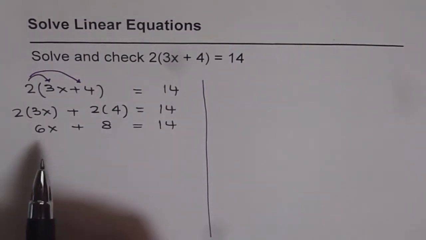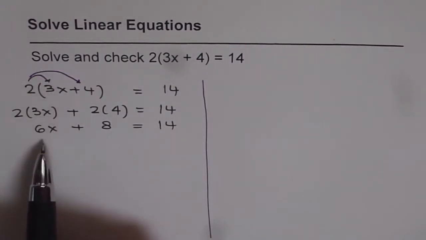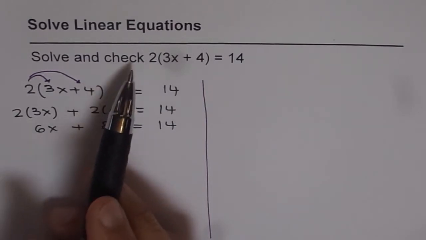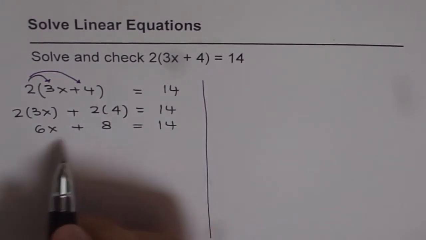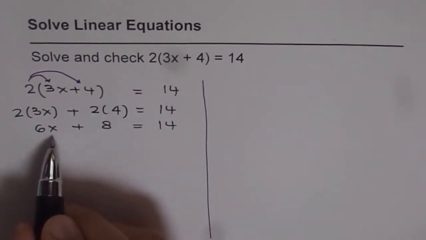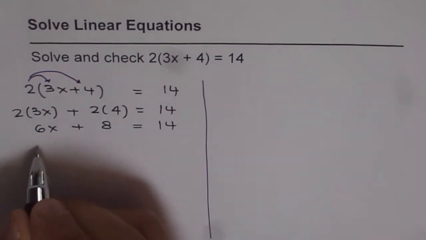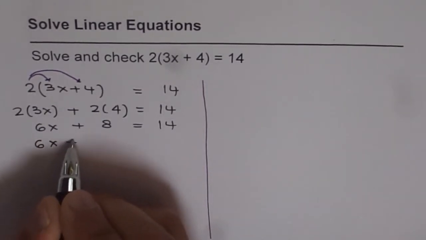Now we need to find the value of x. Whenever we say solve, it means find the value of x, and check means substitute that value and check your answer. So to find x, we need to get rid of 8. We'll take away 8 from both sides.